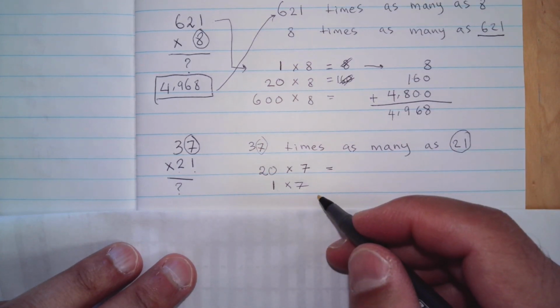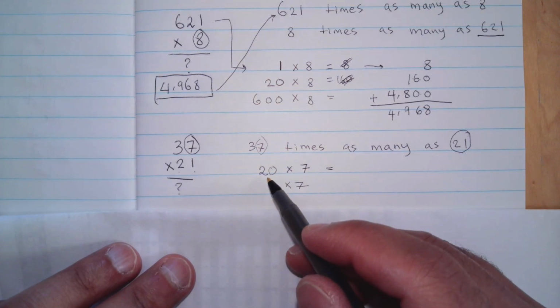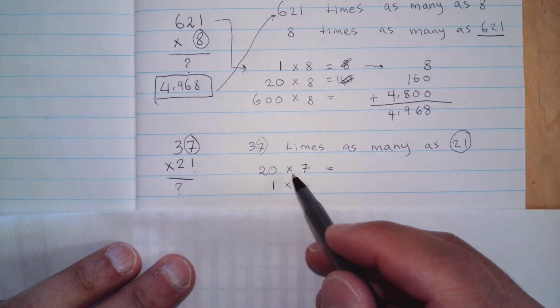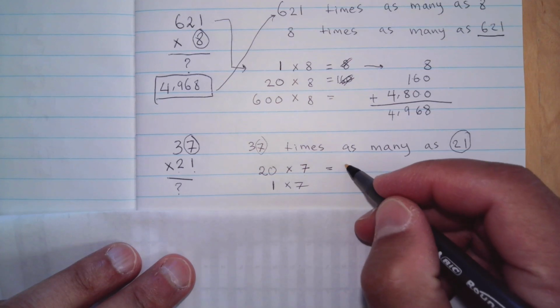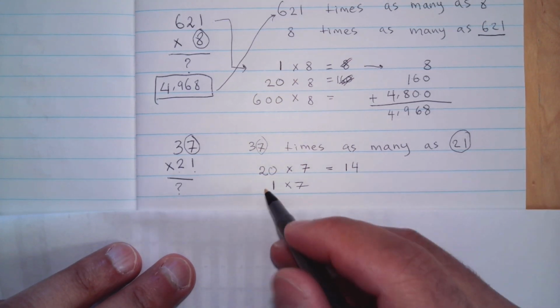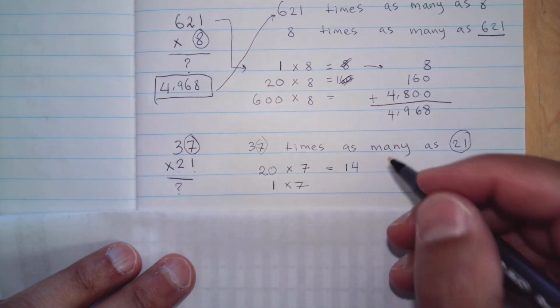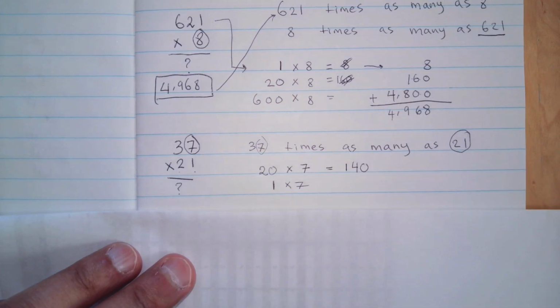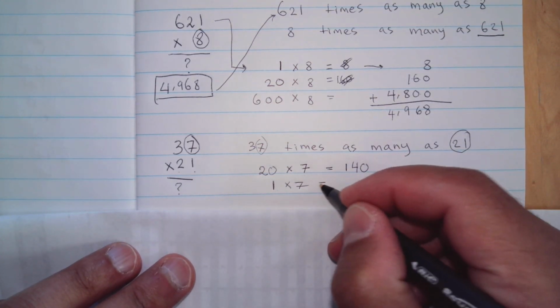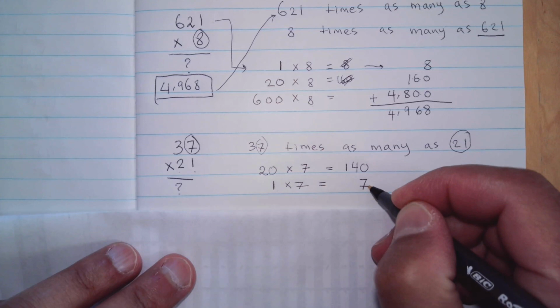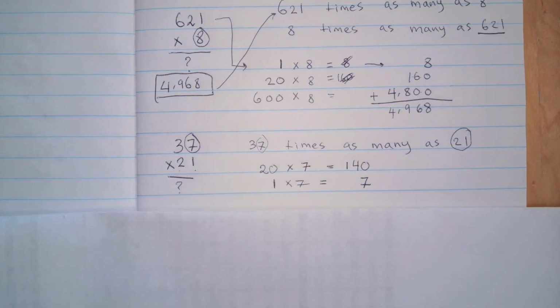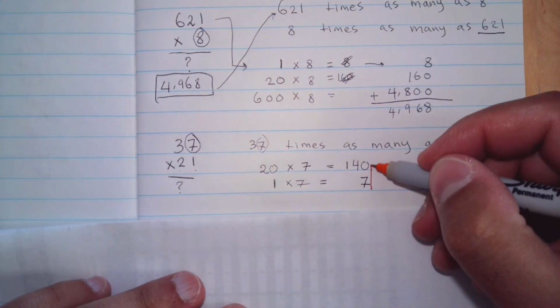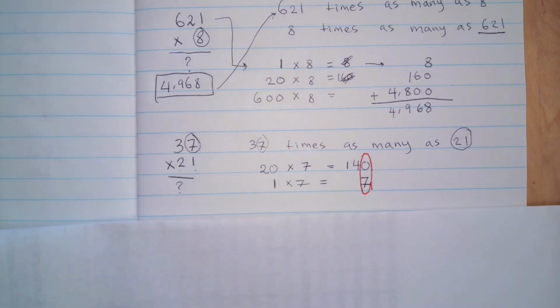7 times 20, that's big, so let's think in a simpler way. 2 times 7, that's 14. So 20 times 7 would be 140. And 7 times 1 is 7. I have purposely made sure that my digits are lining up, right? Otherwise, I'm going to get the wrong answer.